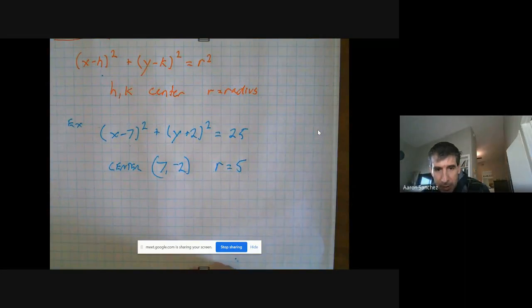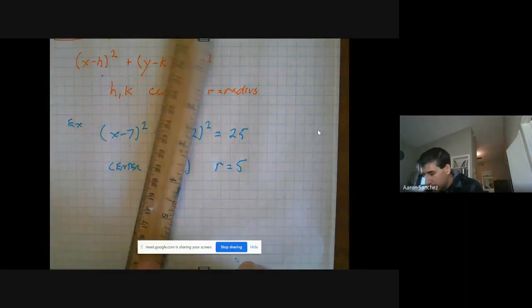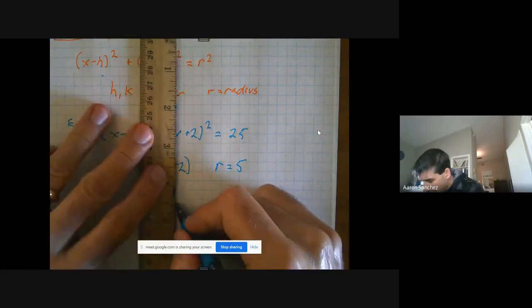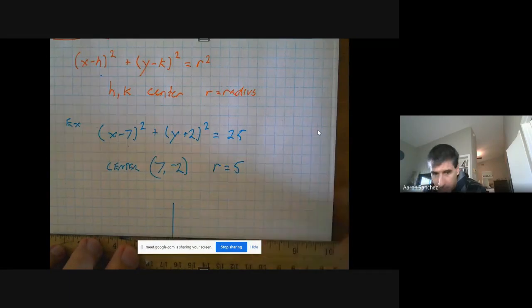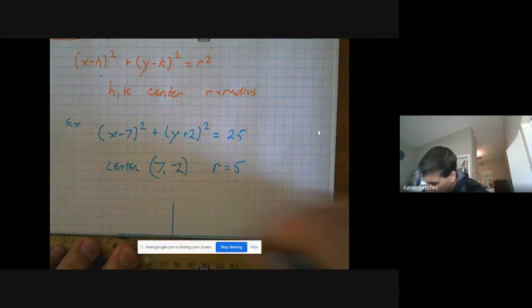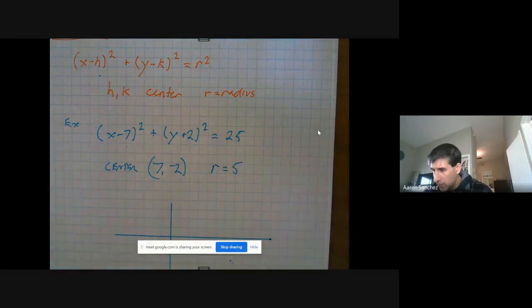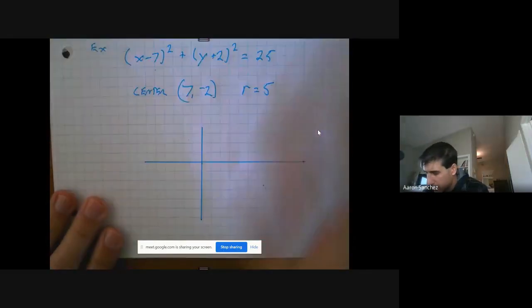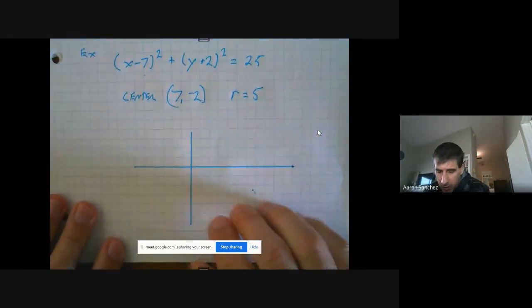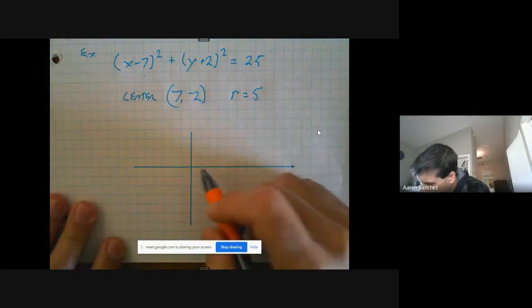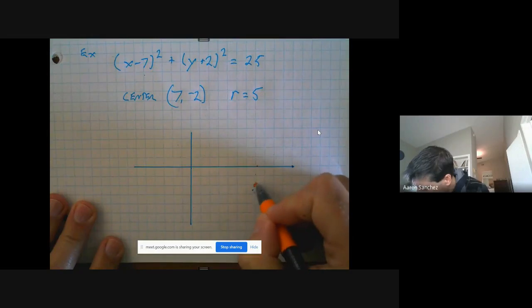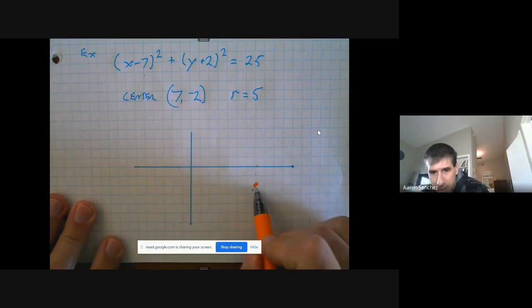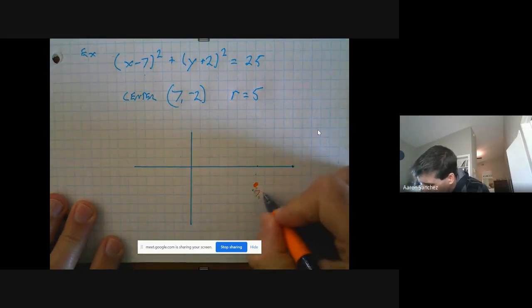So now to graph it, you have the radius, you have the center. As I go over 7, 1, 2, 3, 4, 5, 6, 7, down 2, 1, 2. And there's my center, 7, -2.